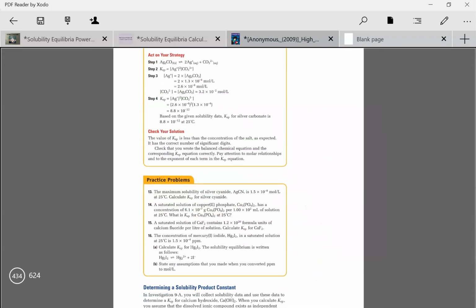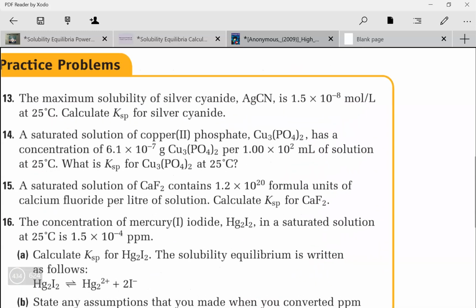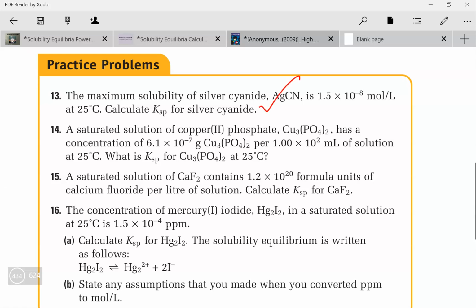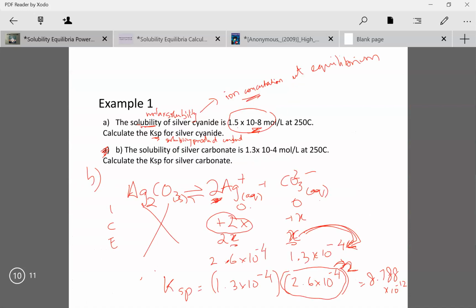Okay, what's next? Solubility of silver cyanide is given, calculate KSP. We have done this question already in our notes, I'm pretty sure, somewhere in the old video. Oh, I erased it.